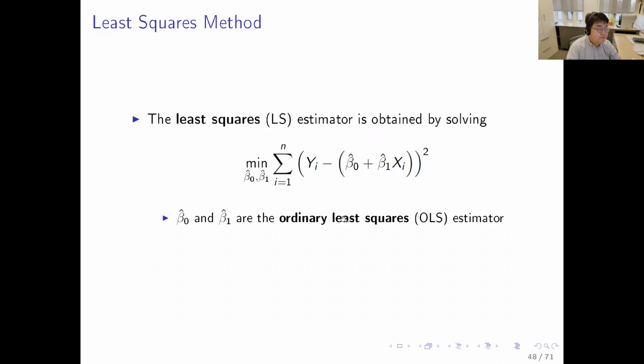Okay, so least squares is a more general class of estimators. Later, as I said, when you have variations of regression models, you change the setup of the regressions. But here, we do not consider any variations, just the simple sum of squares that we are going to minimize. So they are the ordinary least squares estimator.